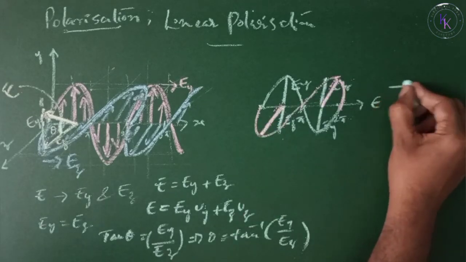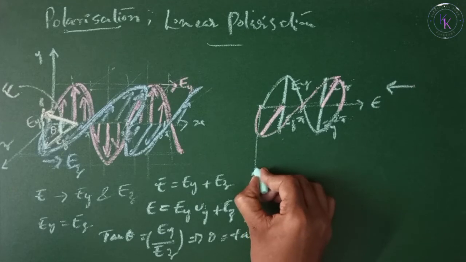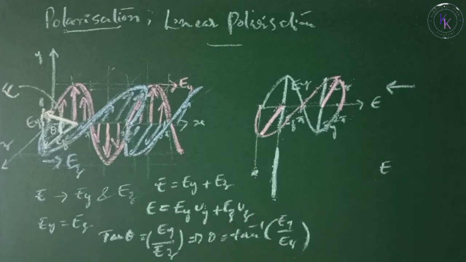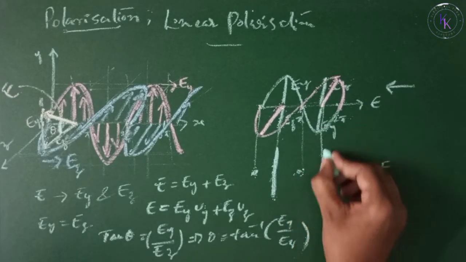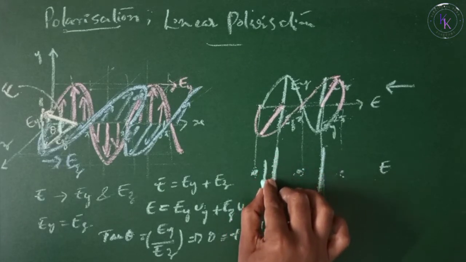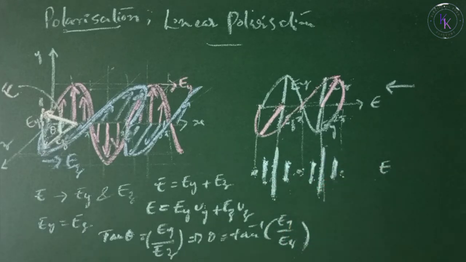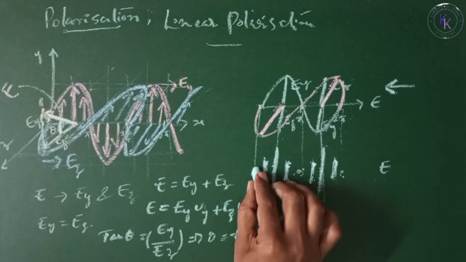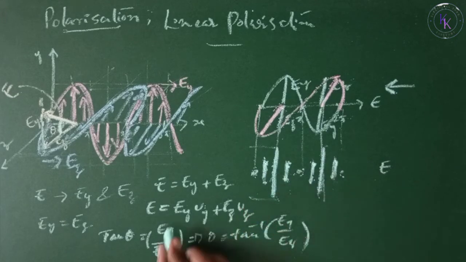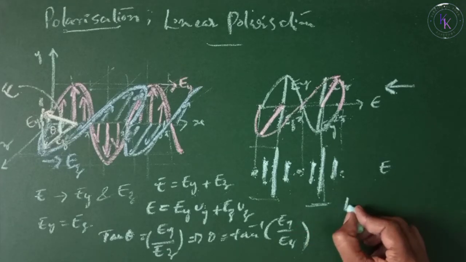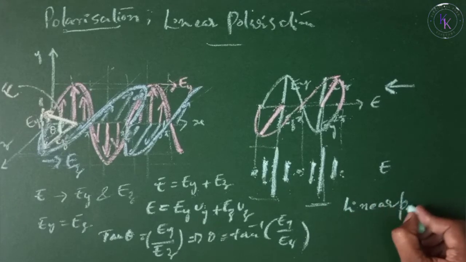But when you observe from this side, at this point the E value will be a dot, then it is a straight line, again a dot, and in between, it is a line. So when you observe this resultant E from this side, you will find that E is oscillating from 0 to the maximum of EY plus EZ as a straight line. So we say this type of polarization is linear polarization.